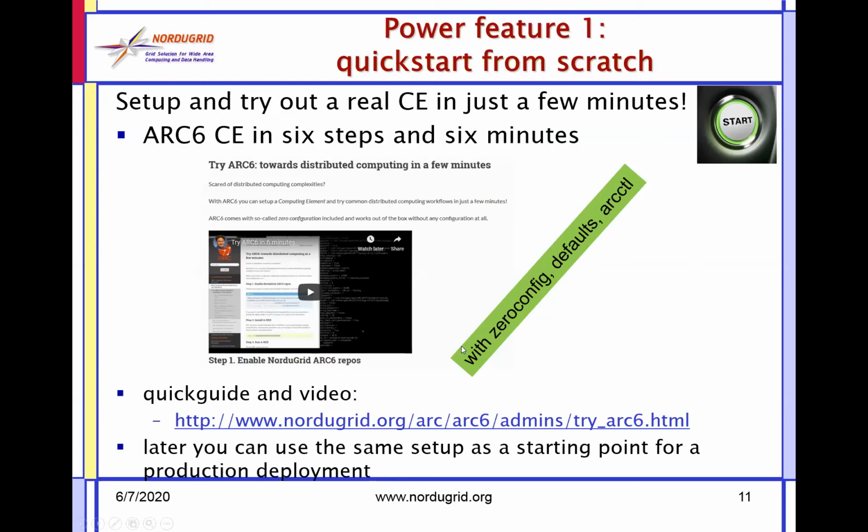And if you don't want to do it yourself, you can watch a video of 6 minutes where Andre is demonstrating the 6 easy steps. So it really works. You can spend 6 minutes and start running jobs on ARC from zero. Of course, we don't recommend using this setup for production, but for testing and getting a quick overview of what the system is capable of doing.